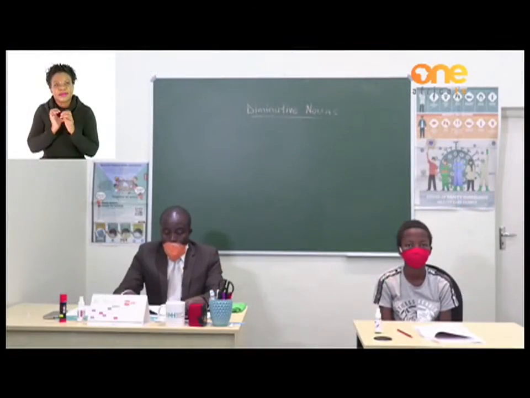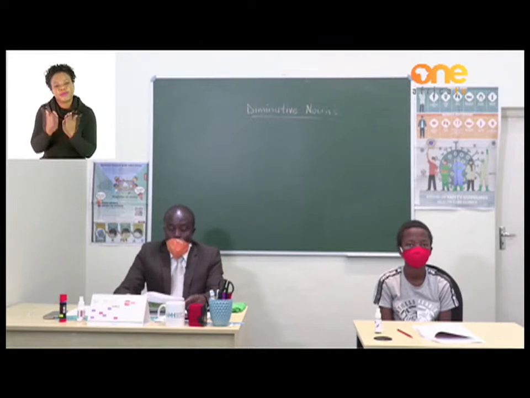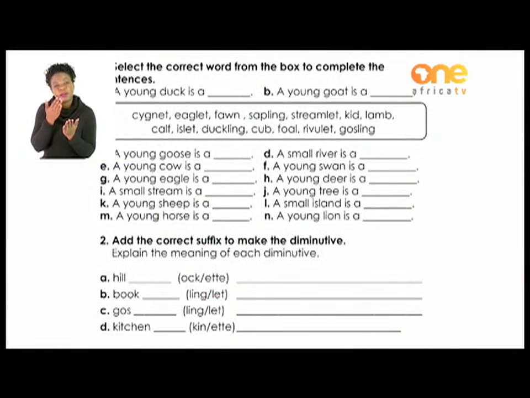Right, boys and girls, let us turn to page 4 of our booklet. We want to look at activities. Number 1, select the correct word from the box to complete the sentences. Now the words in the box read as cygnet, eaglet, fawn, sapling, streamlet, kid, lamb, calf, elver, duckling, cub, foal, rivulet, and gosling.